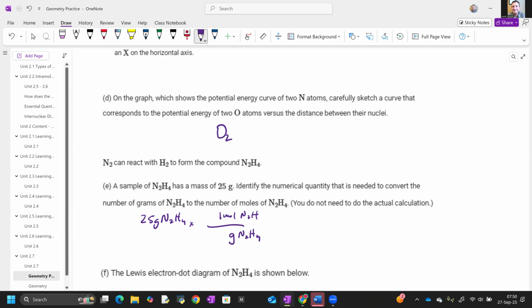All right. And so we can do that real quick. We say nitrogen, there's 2 times 14.01. So that's 28.02. And we have hydrogen, which is 4 times 1.008, which is 4.032. Add those things up, and you're approximately at 32.05. I think that's right, 32.05 grams per mole.